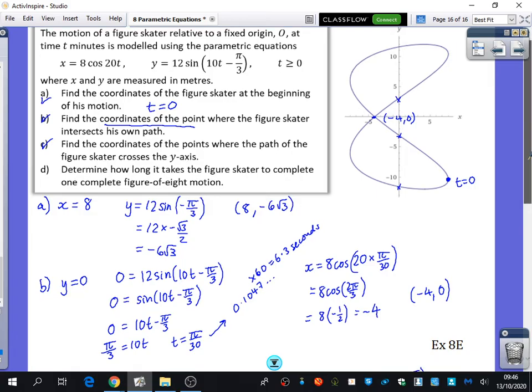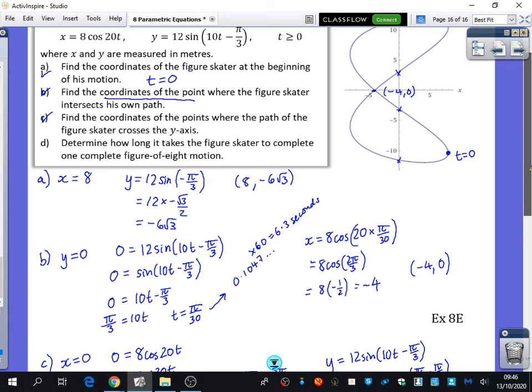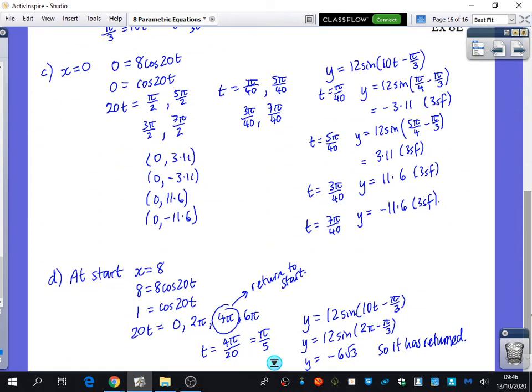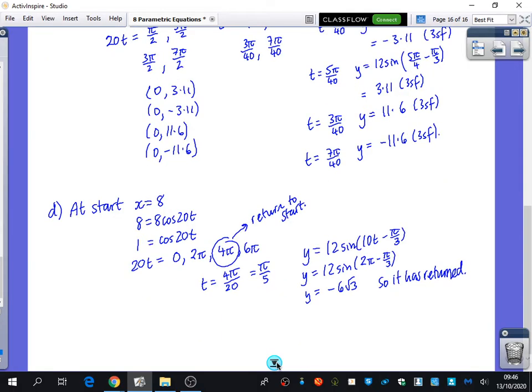Okay, so it has returned at that time, but we need to try and change this from saying it has taken pi over 5 minutes. We probably want to make that into something that an ice skater would be able to understand. So the answer is that t is equal to pi over 5, and pi over 5 is 0.62 something minutes.